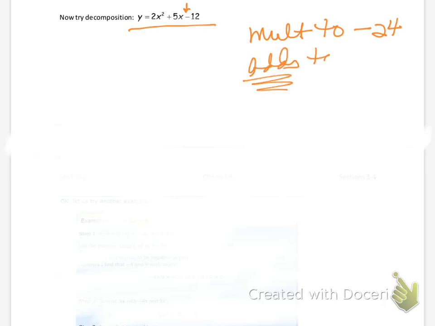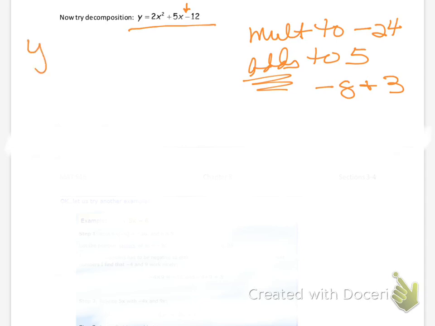So I say to myself, what multiplies to a negative 24, notice why it's negative, because I've got a negative right here, and adds, because we always say adds, to a positive 5. Okay, so my thought is it's going to be a negative 8 and a positive 3. Okay, so we're going to decompose.